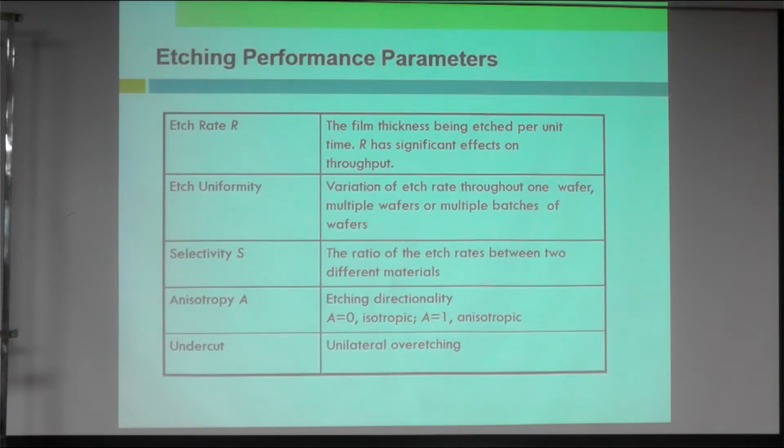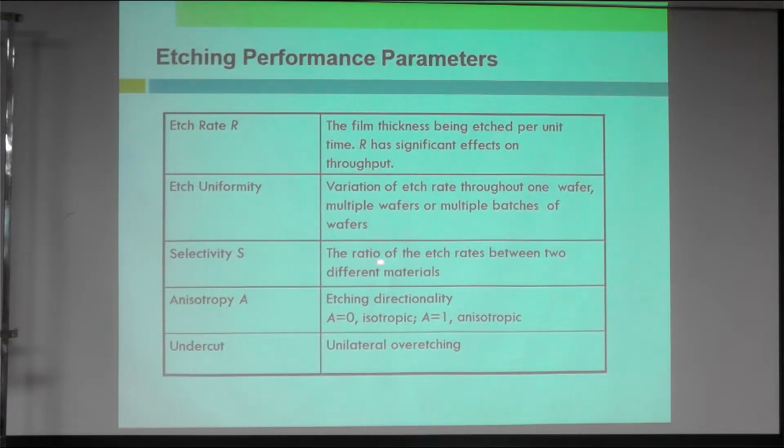So at the center, using dry etching, you might get a good etching rate as intended, but at the edge of the wafer, you might have a lower etching rate. The same goes for spray etching. In the wet etching process, if you are using spray, then the etching rate at the edge, which is far away from the spray nozzle, might be lower.